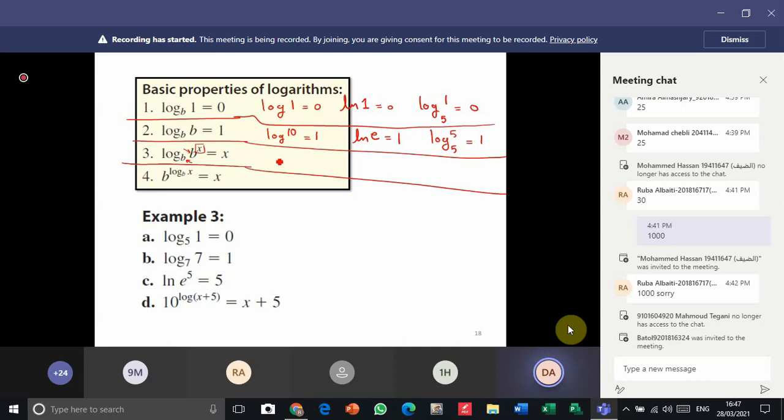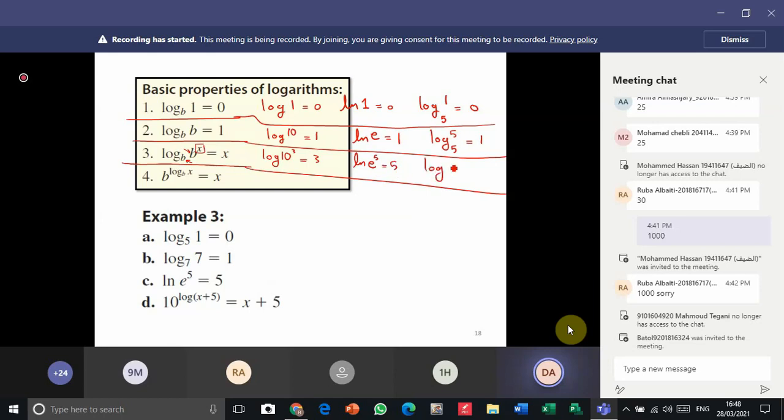If the argument and the base are equal and we have an exponent, the result equals the exponent. For example, logarithm 10 to the power 3 to base 10 directly equals 3, because the logarithm of 10 to base 10 equals 1, and 1 multiplied by 3 equals 3. ln e to the power 5 equals 5.